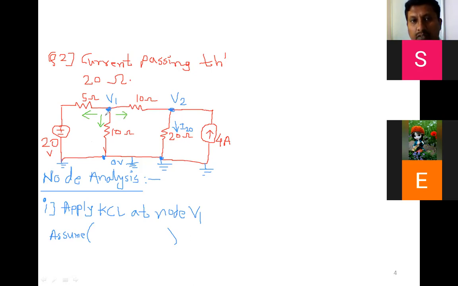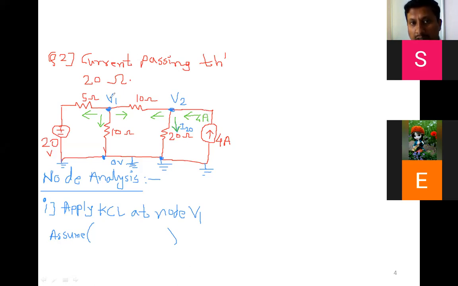This is already assumed. But in this third branch, current is given: a current source with value 4 ampere, and direction towards the node. So take it as it is. This is incoming, and you can write the value like this, 4 ampere.